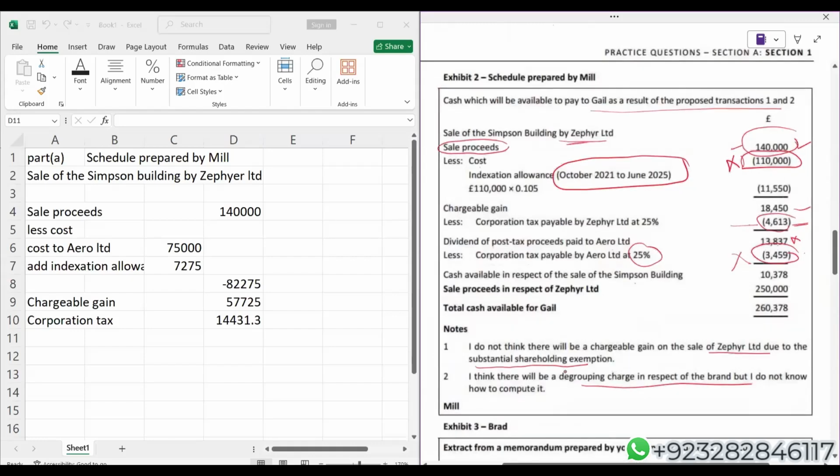Cash available in respect of the sale of the Simpson building is 2,50,000. Sale proceeds in respect of Zephyr Limited. And whatever capital gain comes from Zephyr Limited, because of SSE, it is exempt. So there's no corporation tax on this 250.